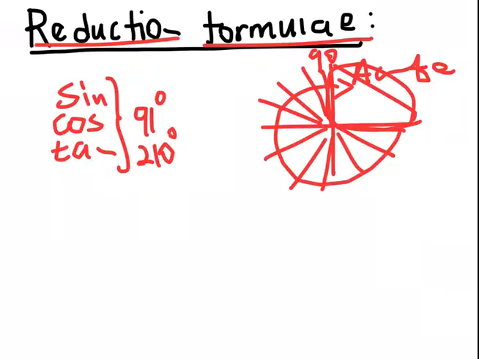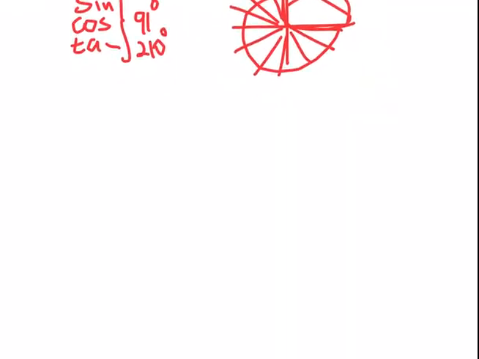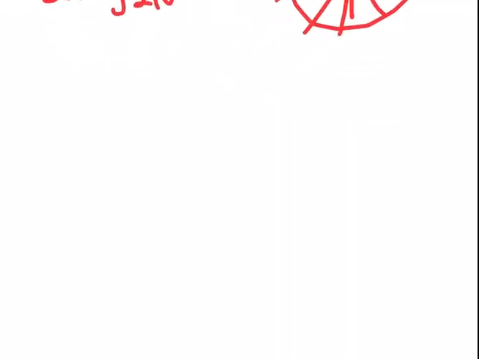I just wanted to explain mathematically what I mean when I say a reduction formula is used to reduce a bigger angle to an acute angle. That's it in short. You will notice that as we continue. So that should be the starting point in you understanding what exactly a reduction formula is.